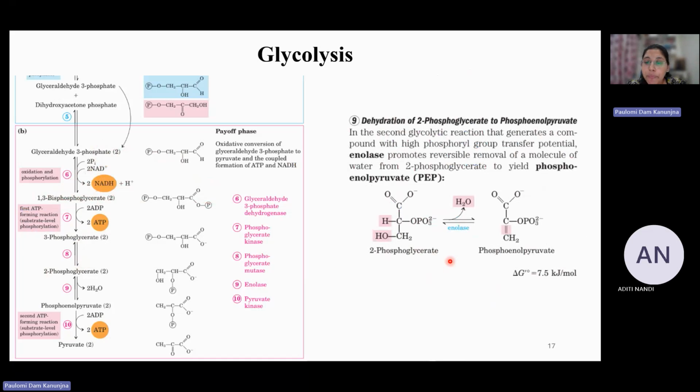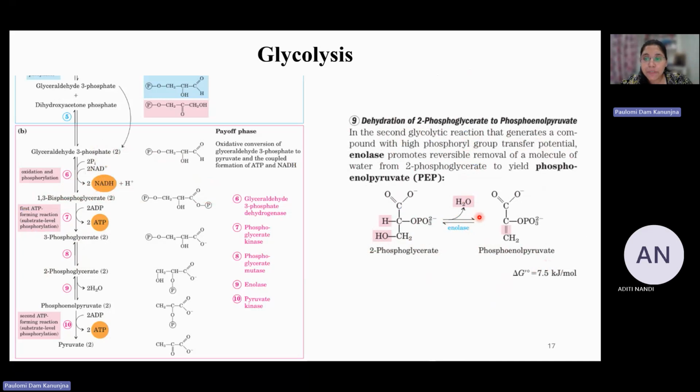The ninth one is where the 2-phosphoglycerate is converted to PEP, a very important compound for glycolysis, phosphoenolpyruvate, PEP. Okay, what is happening here is you have the enolase enzyme.